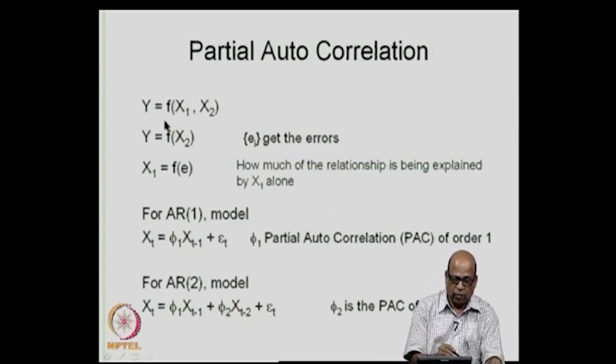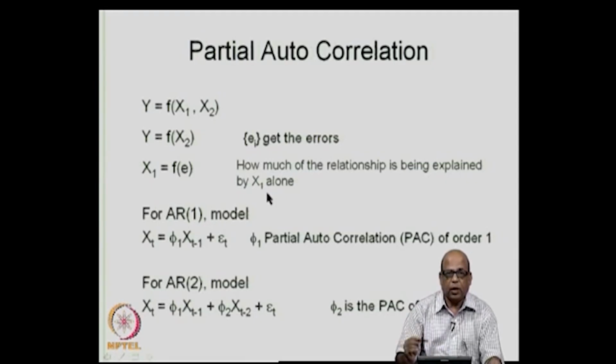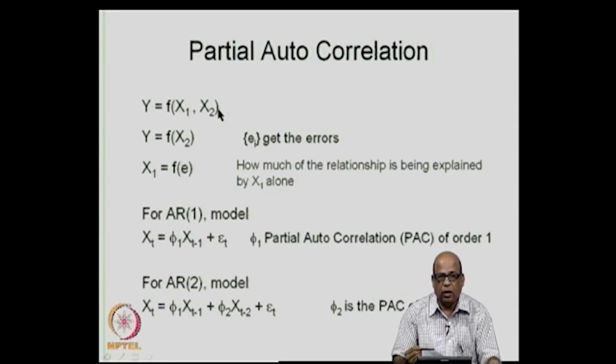For example, if you have y is equal to f of x 1 comma x 2, first you regress only on x 2, then you get the error terms and then regress x 1 on the error terms. So, you will be able to tell how much of the relationship is being explained by x 1 alone, and that indicates the partial autocorrelation.